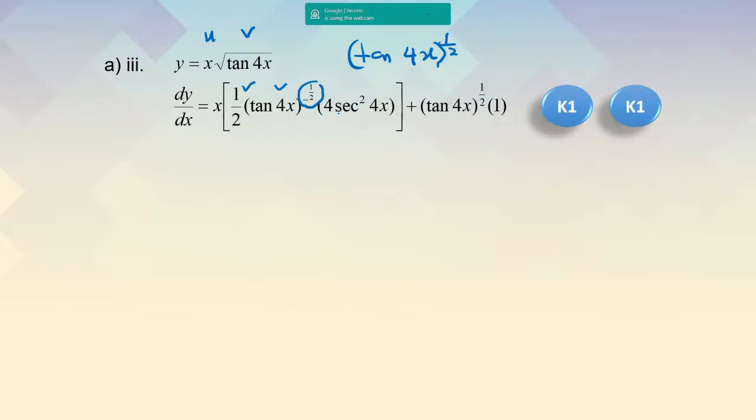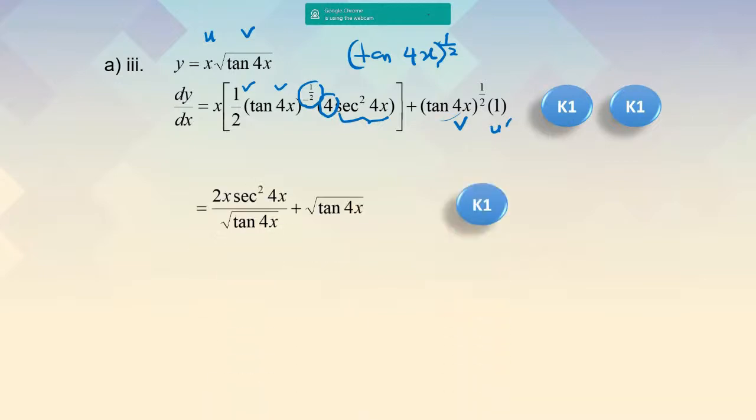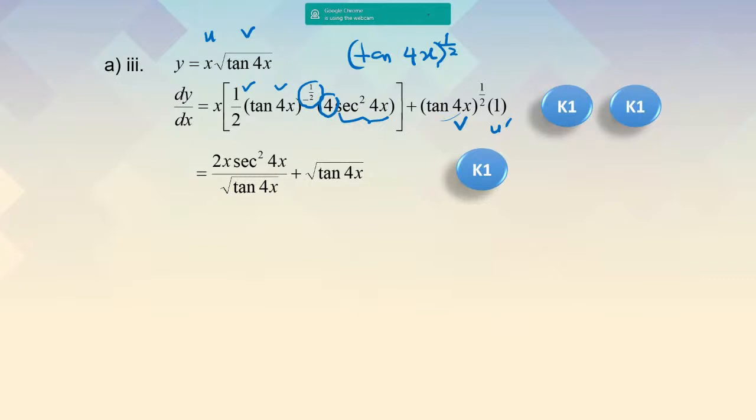Then differentiate tangent, which is secant squared, and then differentiate the inside once more, differentiate 4x is 4. And then this one is v u prime. Then simplify, equating the denominator.